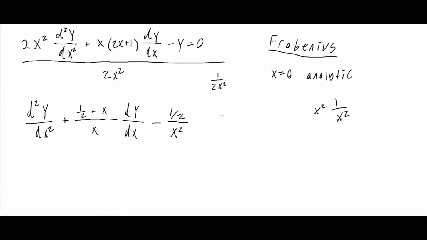And so we see that if we look at these in our general second order ordinary differential equation, we have that p of x is equal to the 1/2 plus x over x, and our q of x is equal to the minus 1/2 over x squared.